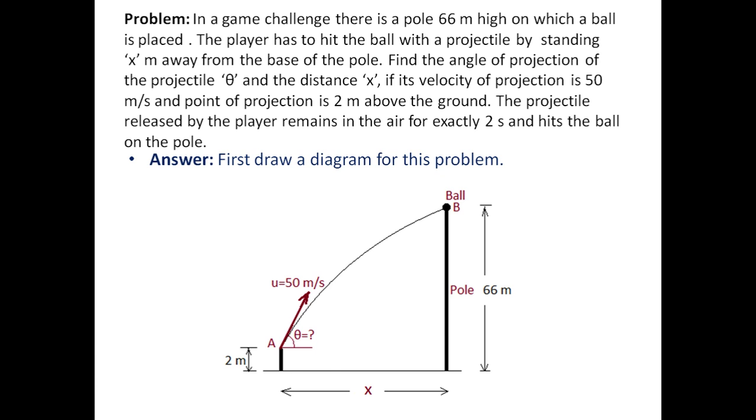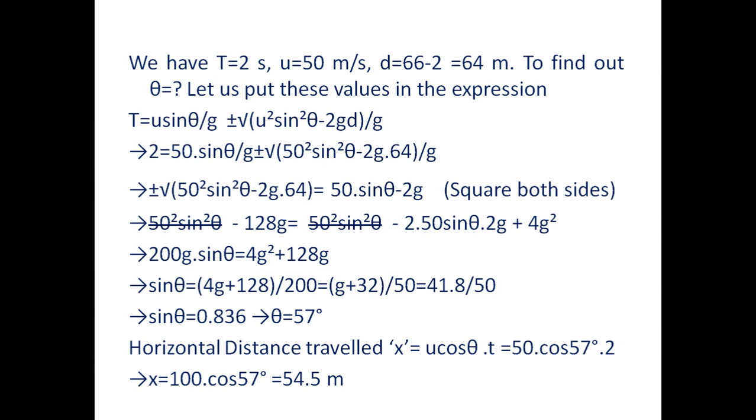First, draw a diagram for this problem, and we have t equal to 2 seconds, u equal to 50 meters per second, d equal to 64 meters. Now put these values in the expression derived. We have 2 equal to 50 sin theta by g plus minus under root 50 square sin square theta minus 2g into 64, by g.